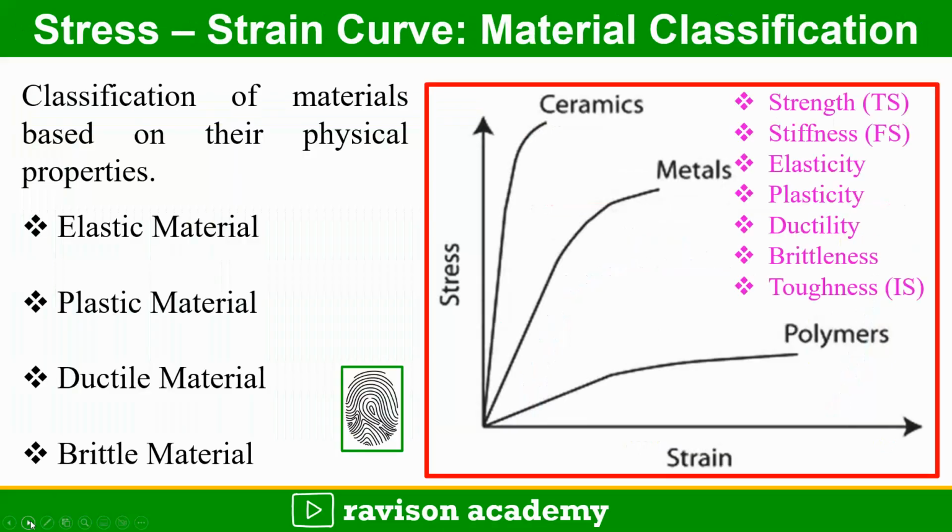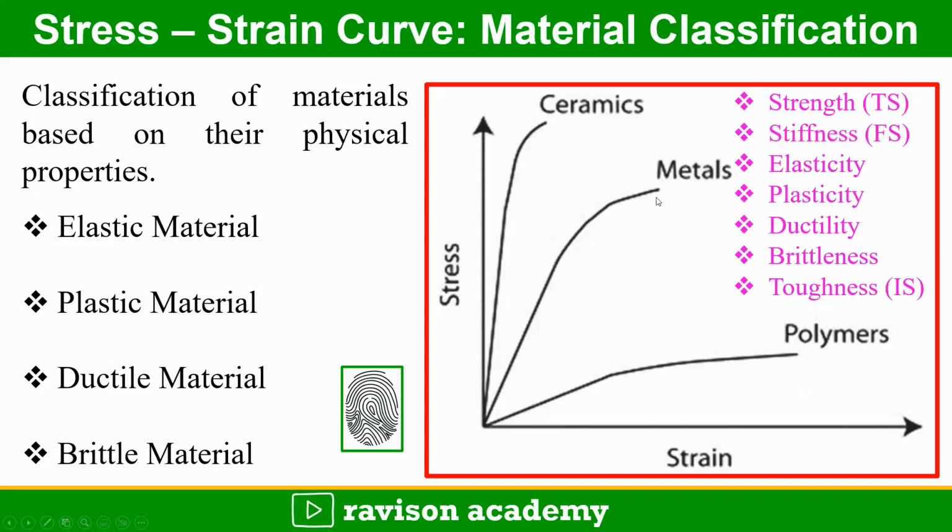So from the stress strain curve, we can classify the material as an elastic or plastic material, ductile material or brittle material. And also we can classify whether the material is ceramic based or metal based. All the ductile materials come under the metal base. Polymers have very low elasticity and toughness is also very less. Ceramics have high strength but toughness is very less.